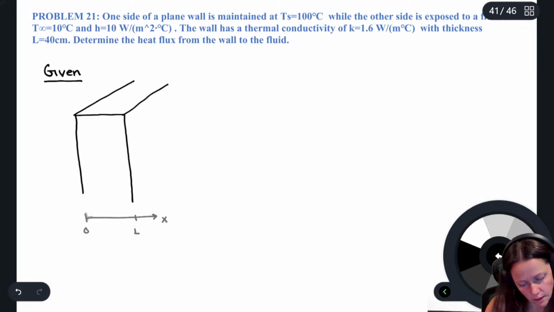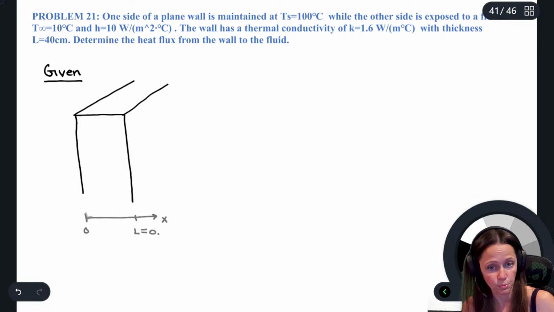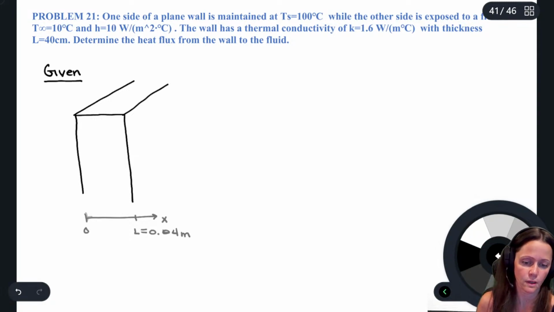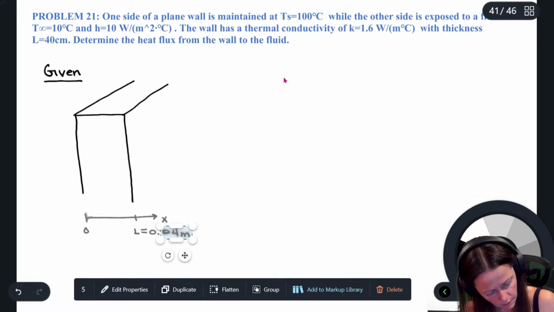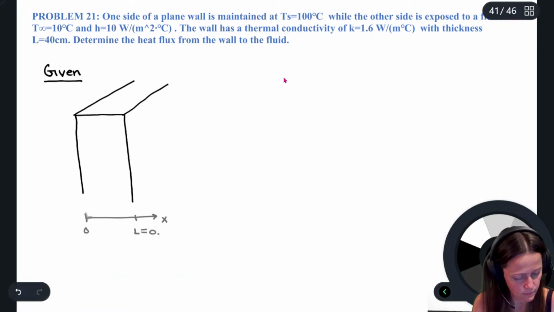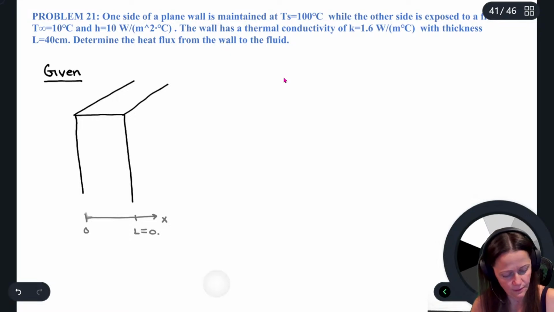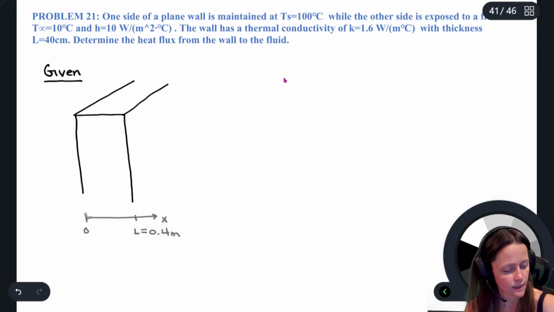There's L. L is given to me as 40 centimeters, so 0.04 meters.